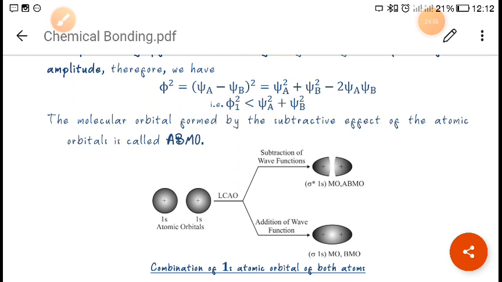If we see the possibility of finding the electron between the nuclei, it is approximately negligible. Because the two nuclei repel each other and make the molecule unstable.